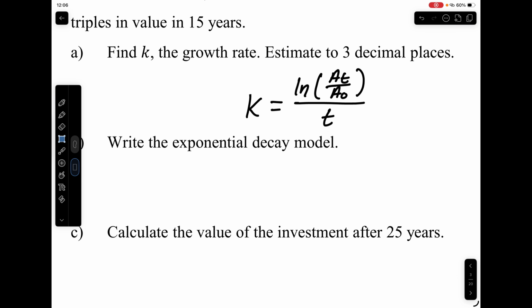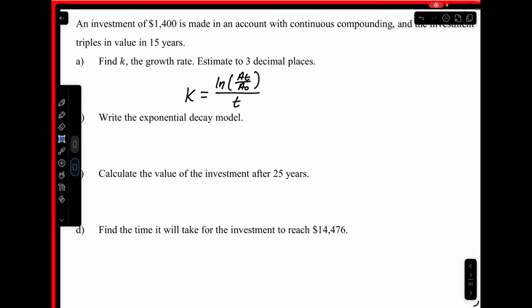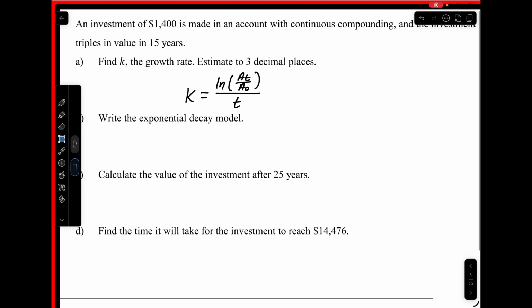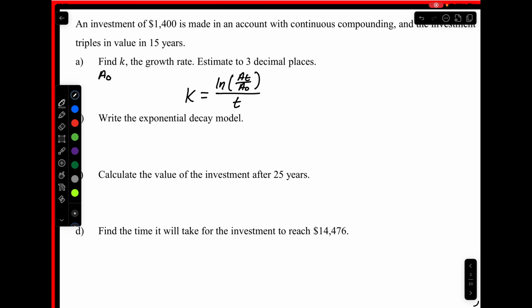But since this is going to triple in 3 years, that means the amount we're starting off at, which is 1,400, in 3 years is going to be 3 times that amount. So multiplying that value by 3, that's going to give us a value of 4,200.